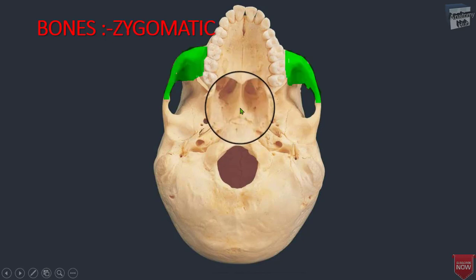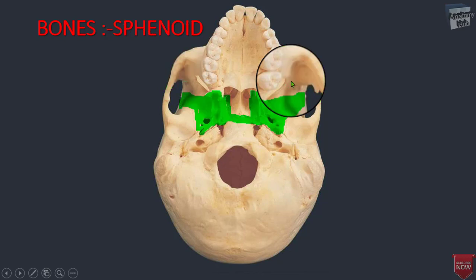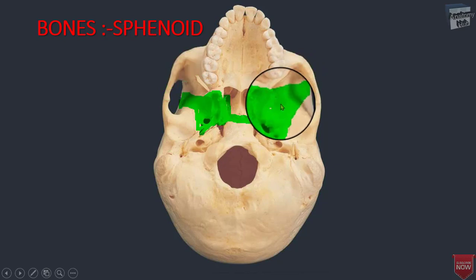The paired zygomatic bone that you can see here forms the prominence of the cheek and the anterior half of the zygomatic arch on each side, and here you will find the unpaired sphenoid bone.